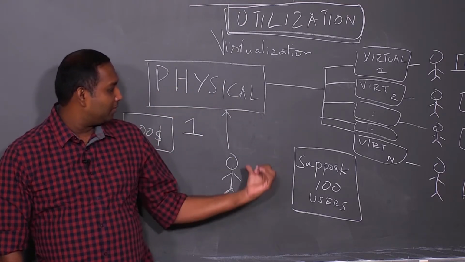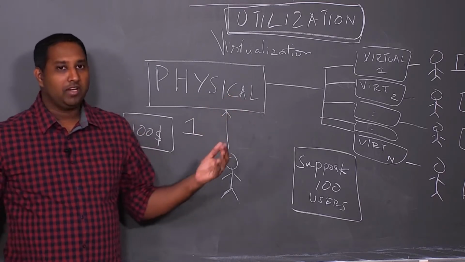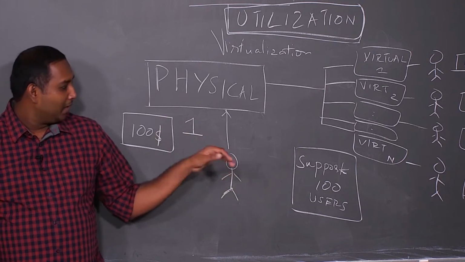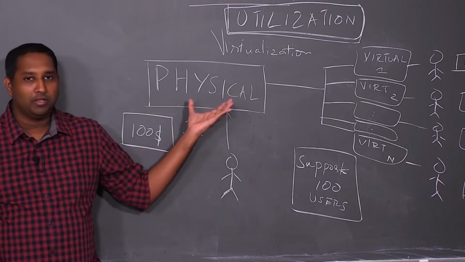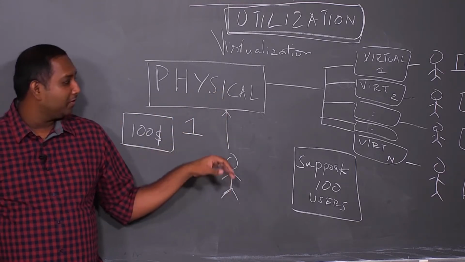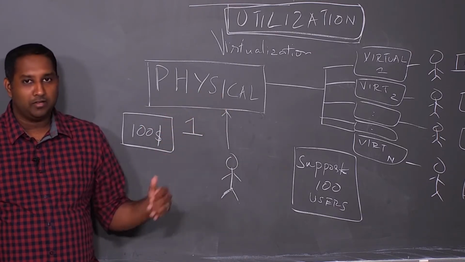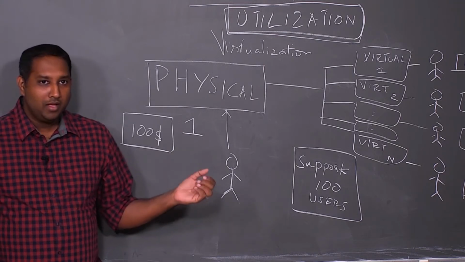So we have this really powerful physical computer, and we rent it to this guy for $100 per hour. But it turns out this guy is actually using only 1% of the resources that are available, right? So if there was a way for you to divide up this physical resource in some way, you could actually support 100 users, right?